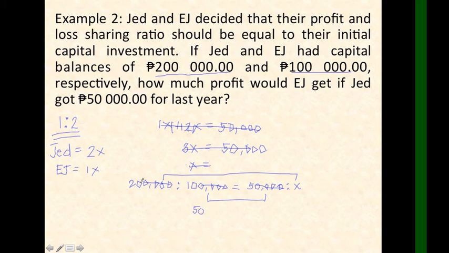Yung kay Jed, dito naman, 200,000, 20 times X. Parang may mali. Okay. So, i-divide natin sila by 20.